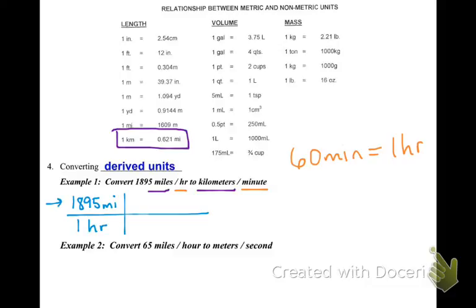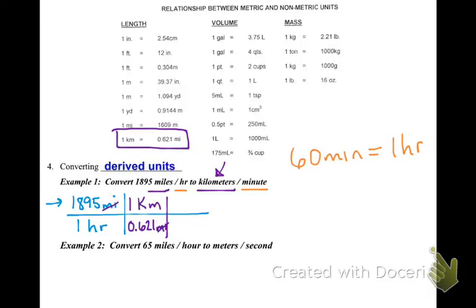So if we're converting from miles into kilometers, let's use our conversion factor. So we've got 0.621 miles, that'll cross off, to 1 kilometer. So now our top unit is what we're looking for, is in kilometers.